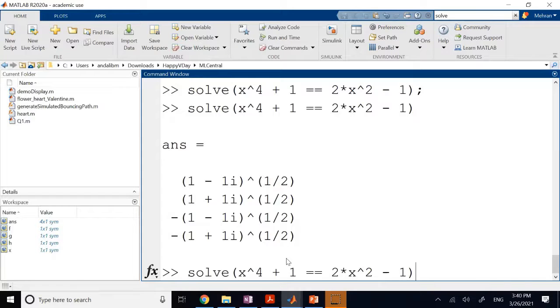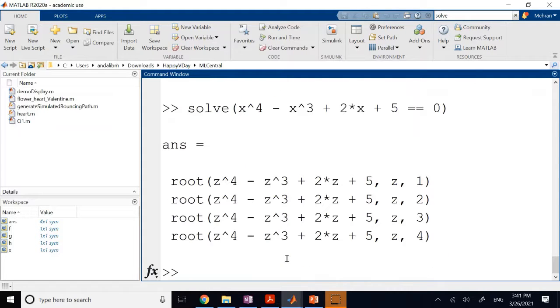Now for that equation. Now in this case, I wanted x to the 4 minus x. In this case, this is what I want. So I just provide it.